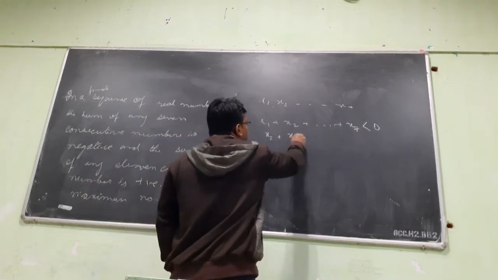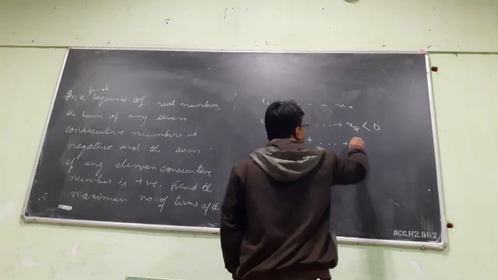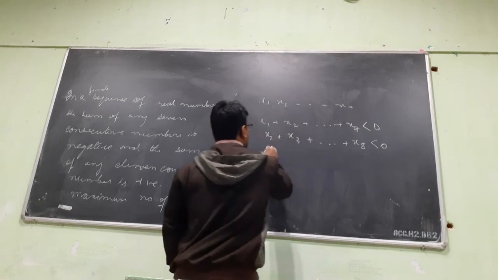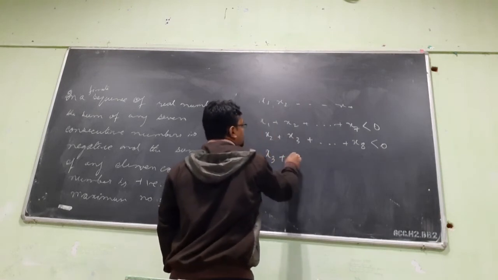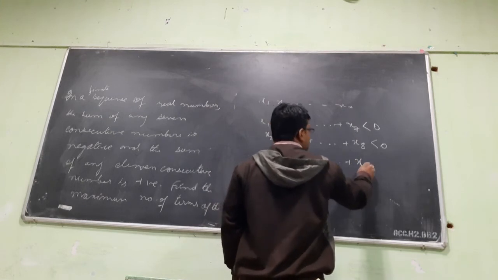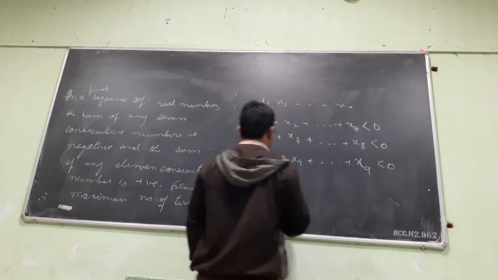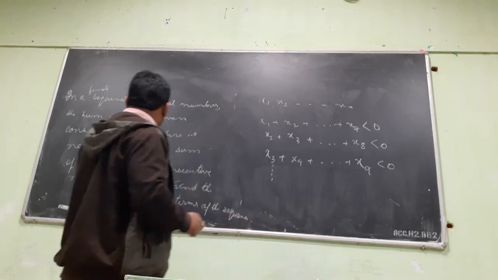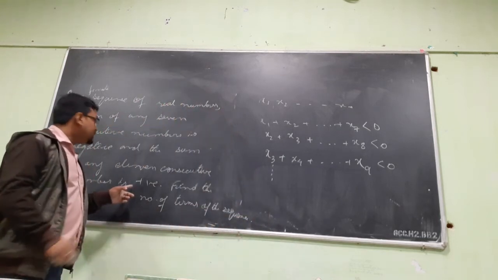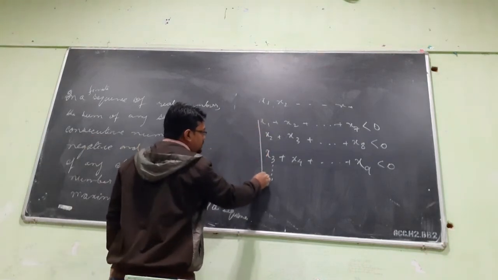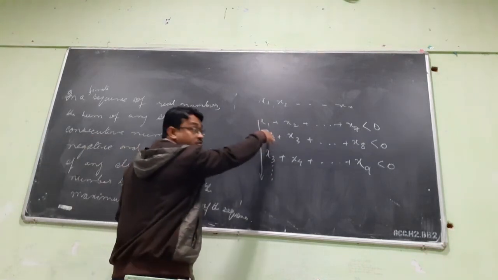x2 plus x3 plus up to x8 is also negative. Then x3 plus x4 plus up to x9 is also negative. If you continue that way, in the first column you get x1, x2, x3, which are also consecutive terms.